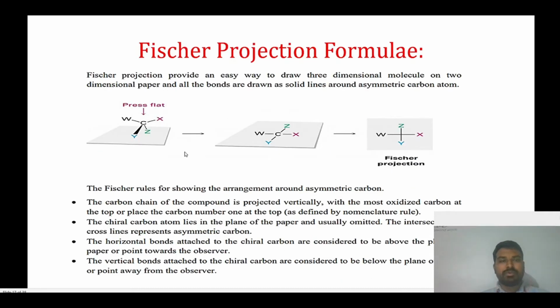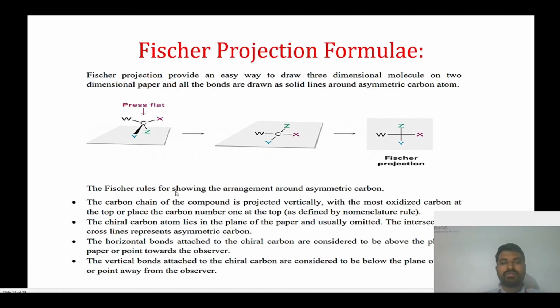Now, Fischer projection formula. Fischer projection provides an easy way to draw three-dimensional molecules on two-dimensional paper, and all the bonds are drawn as solid lines around the asymmetric carbon atom.